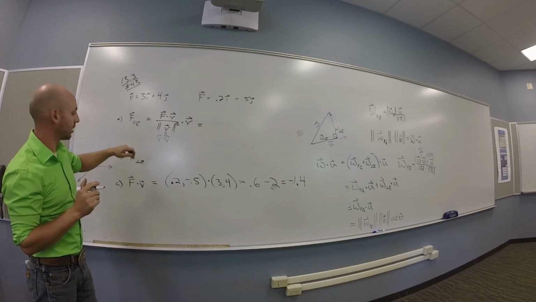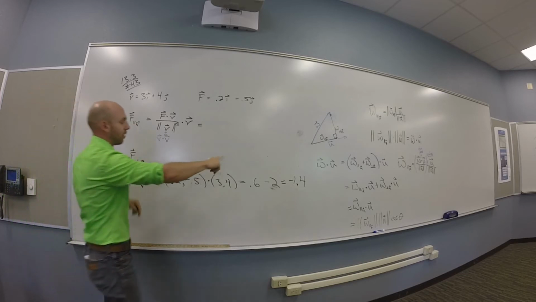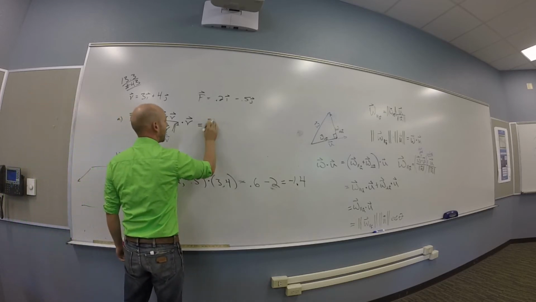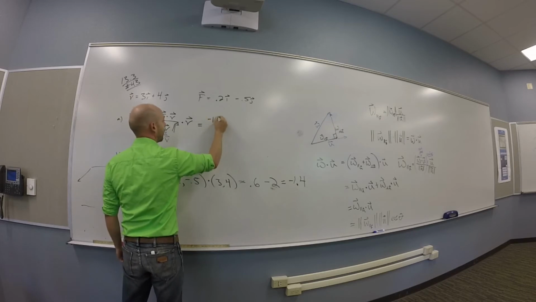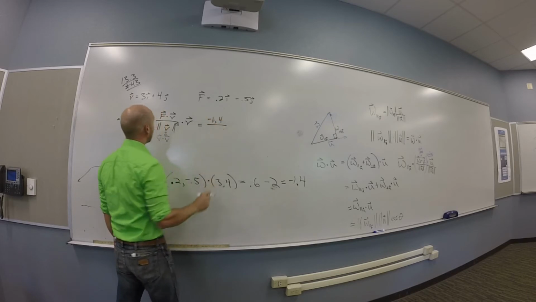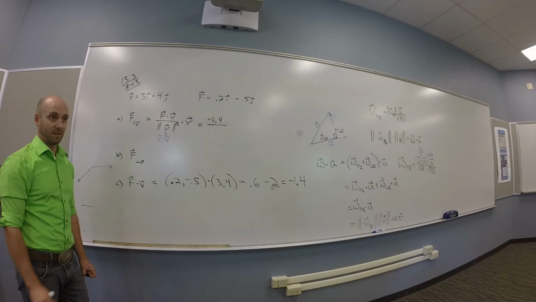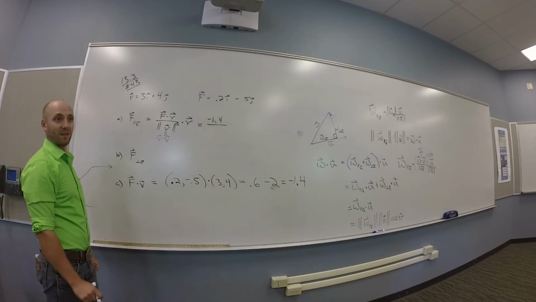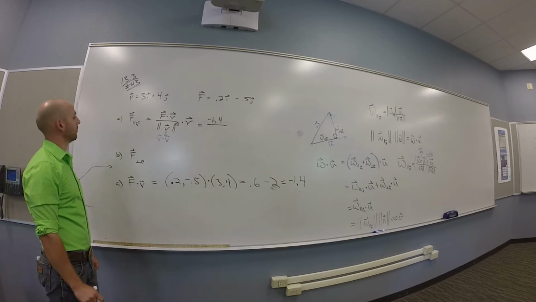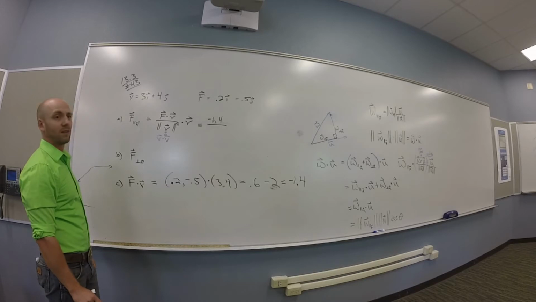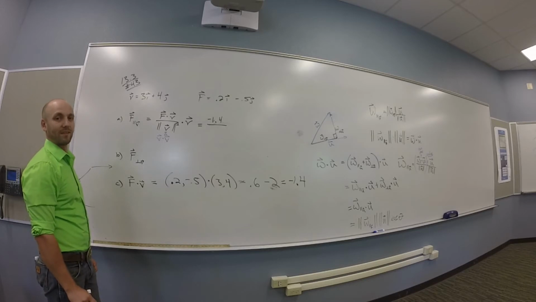So to get a number out of this, we get that dot product that we got before. So we got our minus 1.4 on the top, divided by, how long is the vector v? 5.